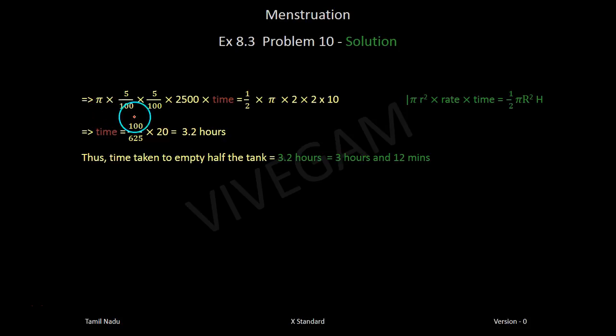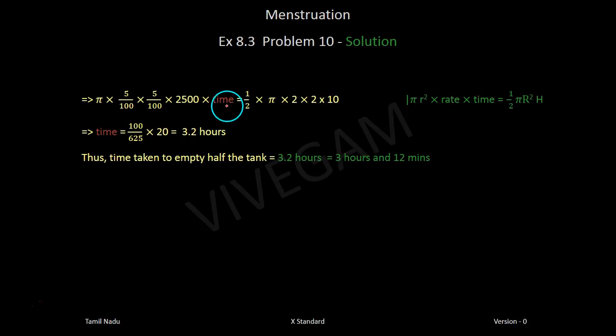So pi, the equation I'm writing here for easy reference. Pi radius, you know, 5 centimeters, so it's 5 by 100, 5 by 100, and the rate we know is 2500 meters per hour into time equal to half pi capital R, the radius of the tank, that is 2 meters, 2 into 2, and height is 10 meters.